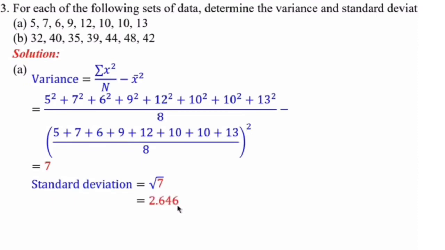The answer we prefer in 4 significant figures. So this is the formula, and this is the sum of the data square, divided by the total number of data, minus the total sum of the data divided by 8, that is the mean, squared. The answer is 7. So the standard deviation is square root of 7, so you get 2.646.